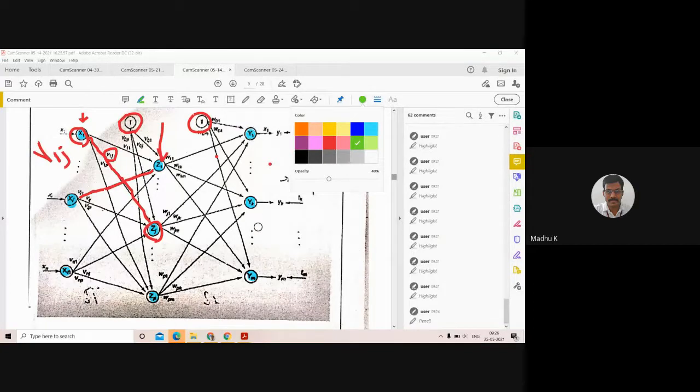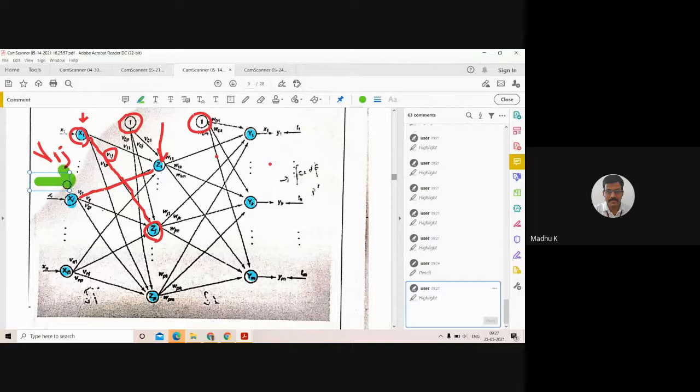The basic concept is we will apply an input here. Then in the feed forward phase, we will calculate the final output coming from these neurons. These are the output neurons.